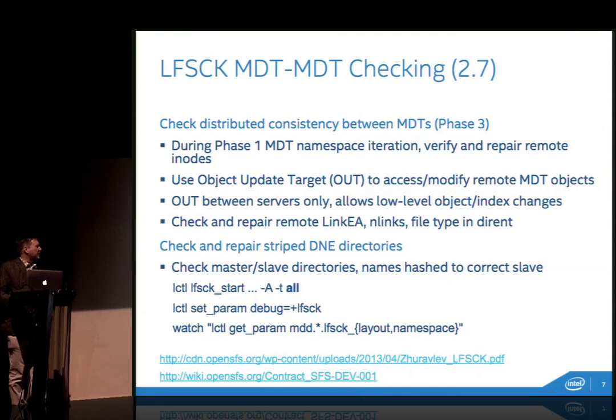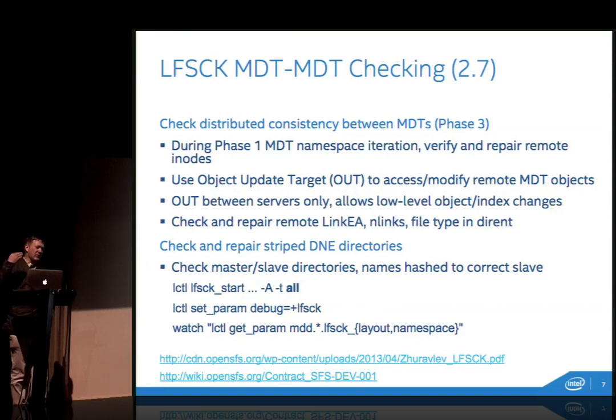So for 2.7, we're getting near the end of LFS check development. The phase 3 feature is implementing the scanning for consistency for D&E features, so cross MDT directories and striped directories, which are also being implemented in Lustre 2.6. And so the LFS check is verifying the consistency of those things.